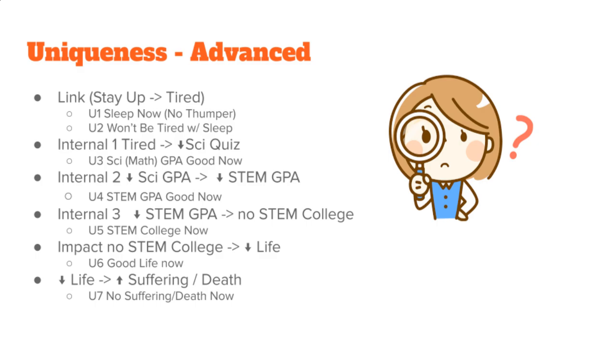Vice versa, getting into a college leads to a good life. The assumption is that she's going to have a good life because she goes to a good college. But if unbeknownst to Sophia, some sort of terminal illness is going to strike her when she's 23 and she's going to die from genetics, then it really doesn't matter whether she goes to that great college or not, right? Because her life is limited. Or finally, the happiness part, right? The assumption is if she doesn't have that good life, she's going to have terrible happiness.